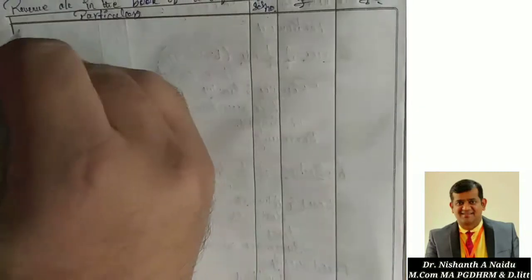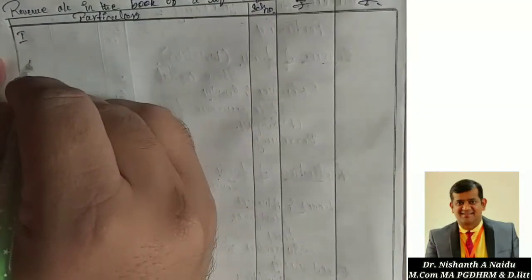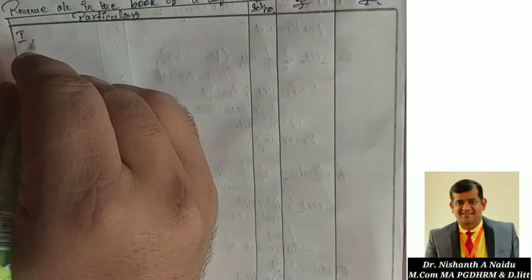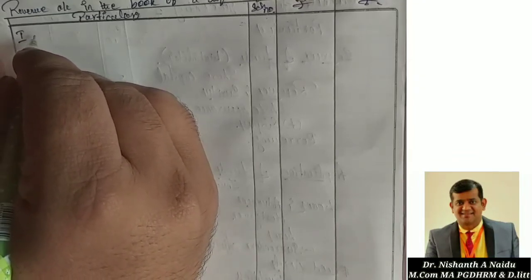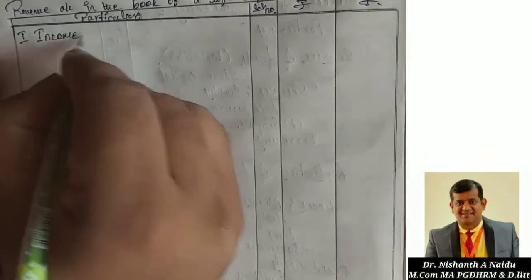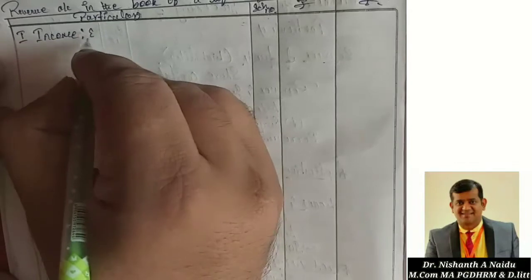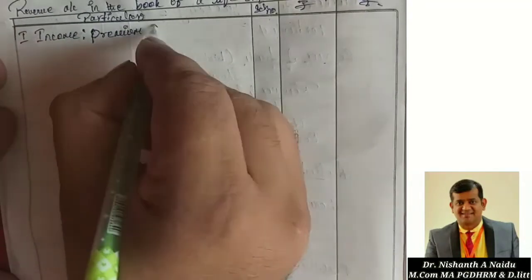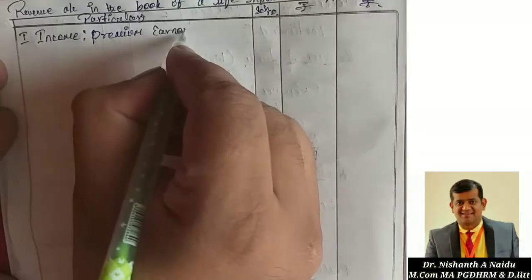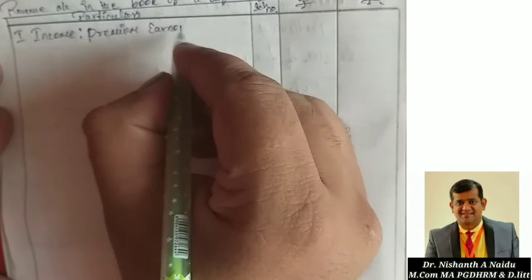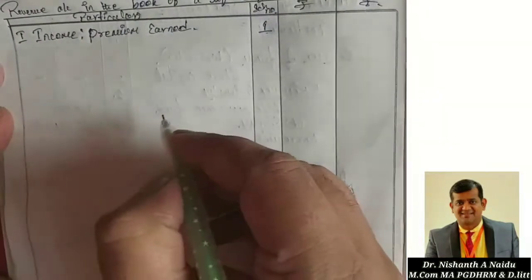So first, that is number 1, what we always write: income. Income earned. Under that we will have premium earned. So that is going to be schedule number 1.